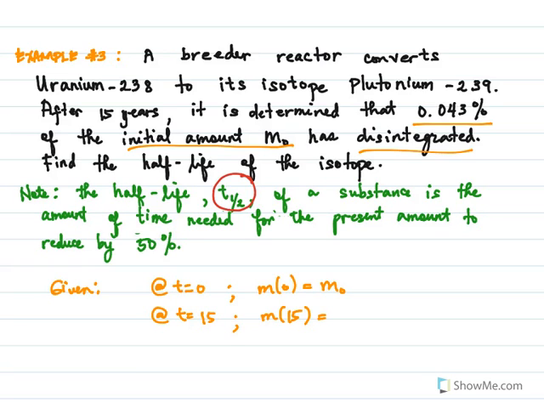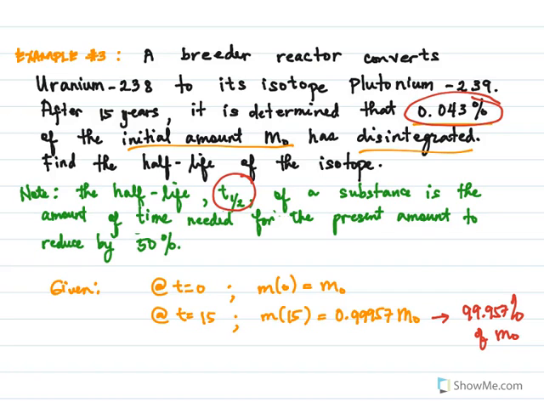That is why for M of 15, this one should be 0.99957 M naught. So this corresponds to 99.957% of the initial amount, because after 15 years, 0.043% yung nawala.